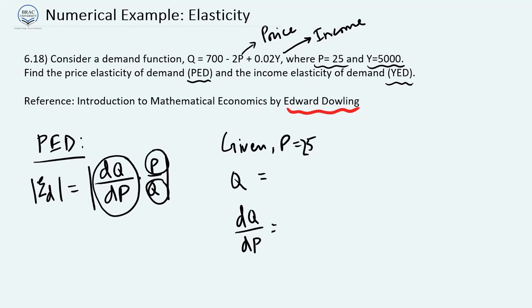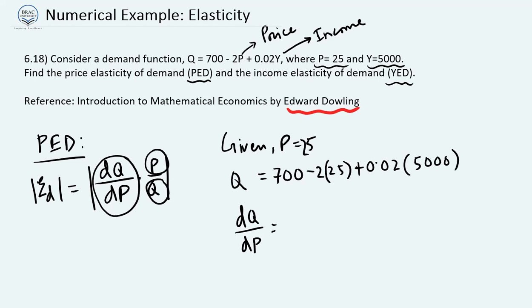So Q should equal 700 minus 2P. So P is 50, P is 25, my bad. So I can insert that value 25 plus 0.02y, and y is 5,000.